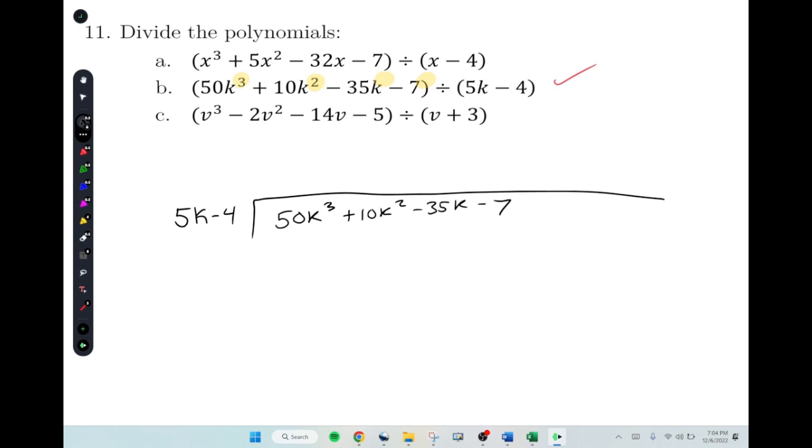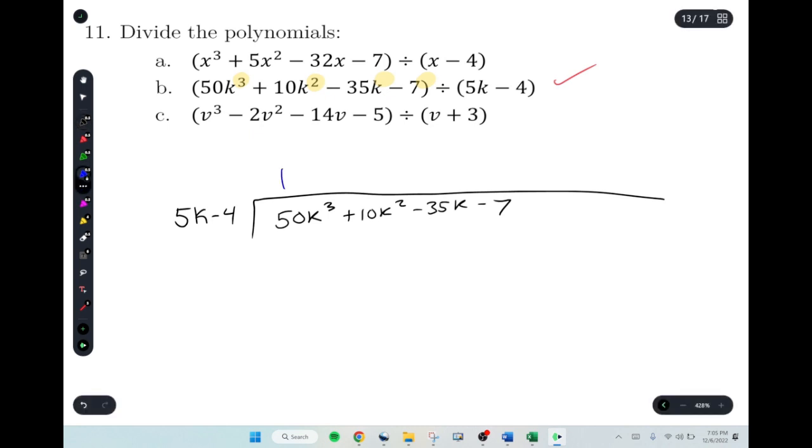So what are we going to do to divide these two things? Well, frick. We've got to know how to do this.